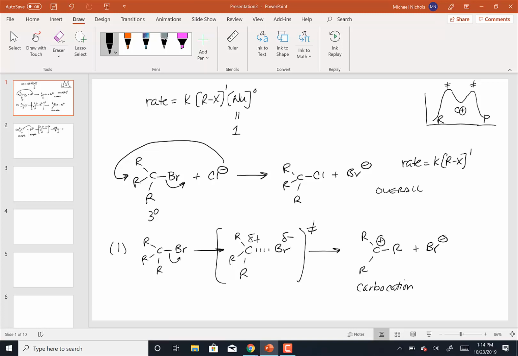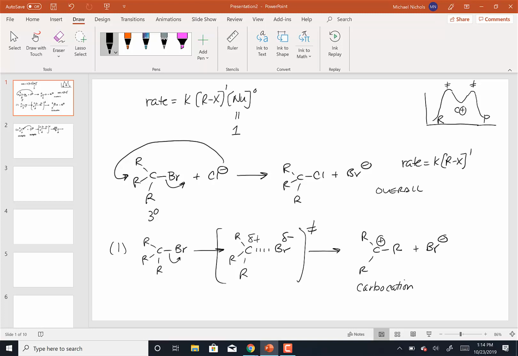It's possible to study them with different instruments. And so that's the difference between transition state and intermediate. You can never study a transition state because it's not around long enough to study. Okay. All right, so that's our overall two-step mechanism that people proposed.